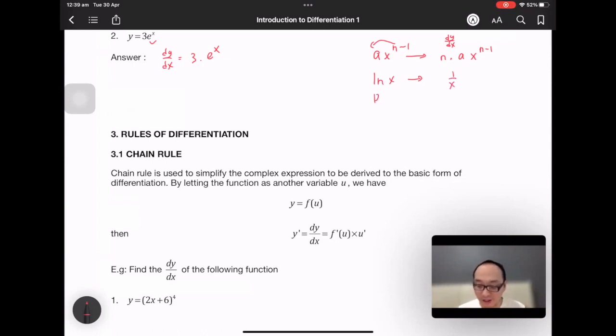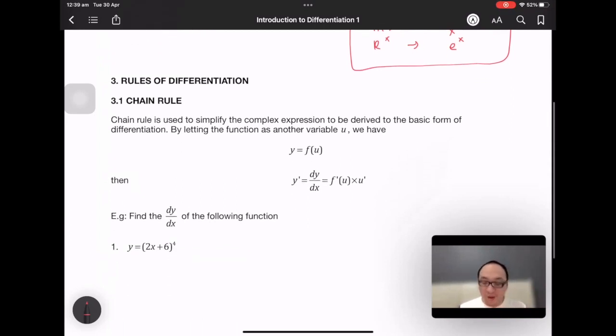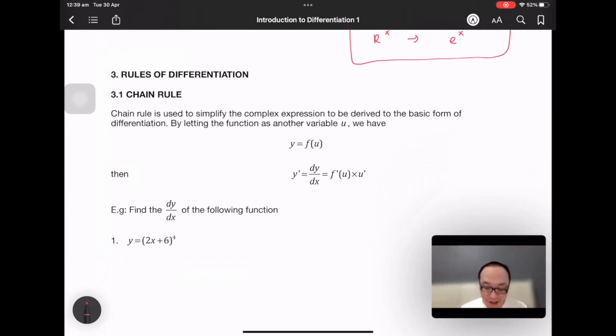If we have e to the power of x, the first derivative is e to the power of x. So the chain rule is a rule to convert the complex expression back into these basic formulas. So let's see. We have to express the function in the variable of u to simplify the expression.